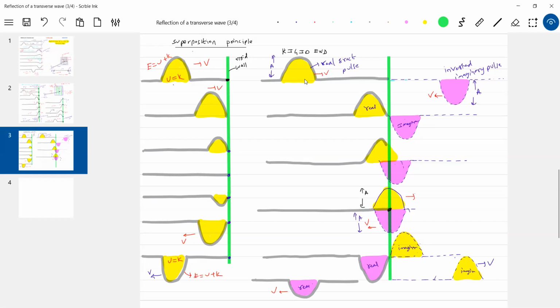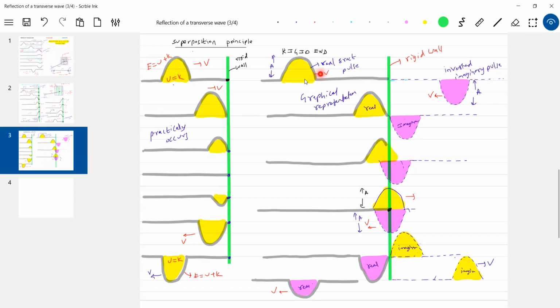Then this is a graphical method. This is what actually happens practically. This is a graphical representation. What is it telling?